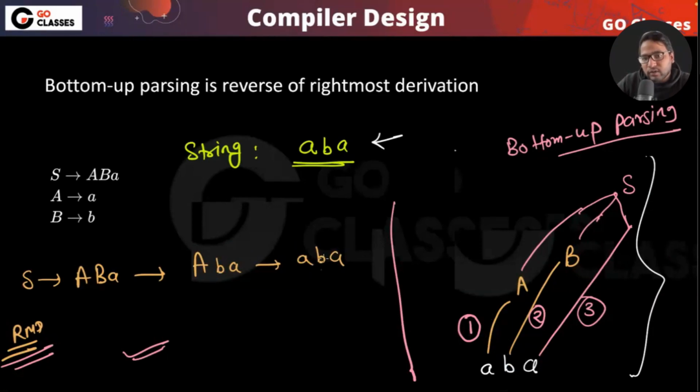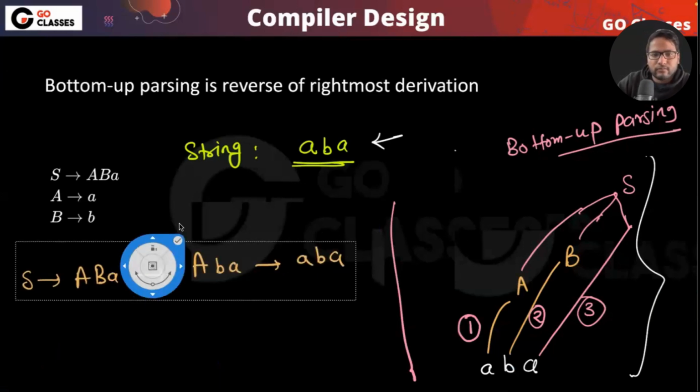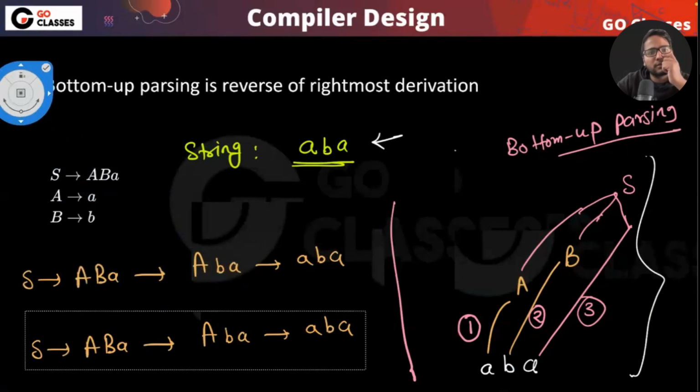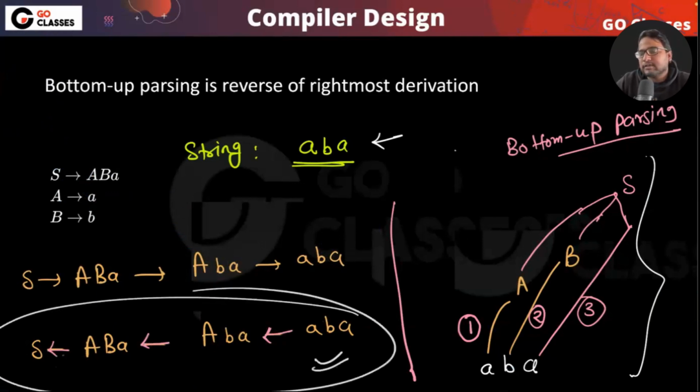So if you look at this, now let me do just a small thing. Let me just copy this, and now just a very small thing. Let me do, which is this. See, tell me, isn't it the bottom-up parsing?